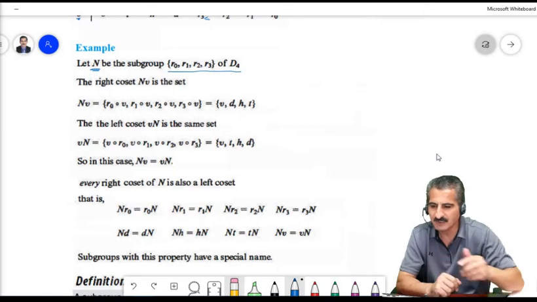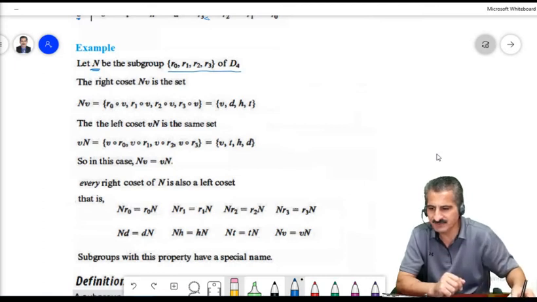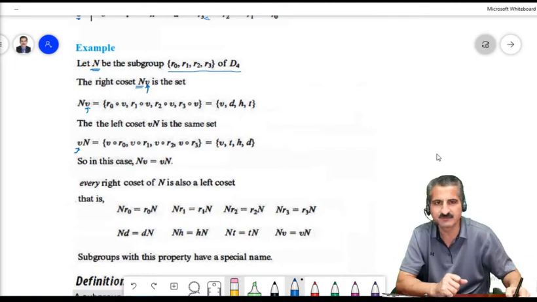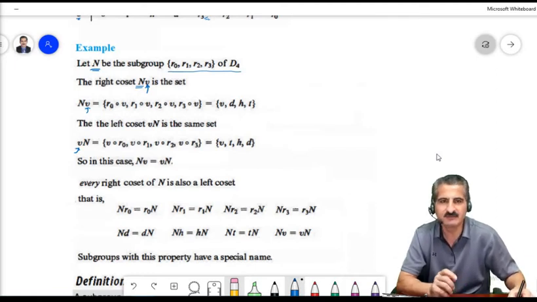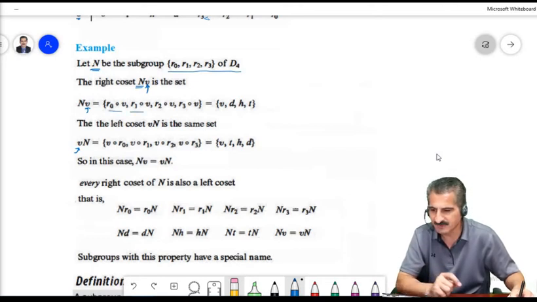Okay, now let's choose V here to make the right coset and left coset of N. So we will make the right coset, multiply N by V from the right, and here multiply N by V from the left. So that means we will multiply V from the right by every element of N, by R0, R1, R2, R3, and then do the computation.